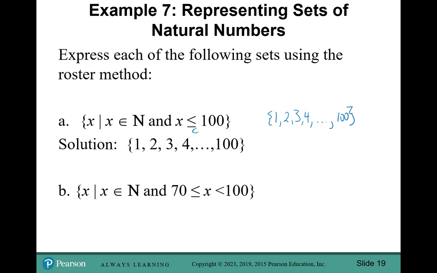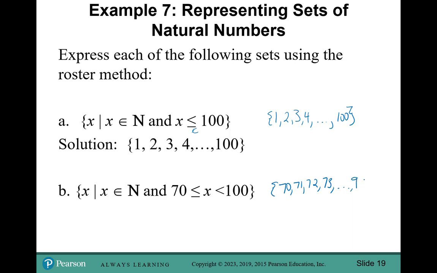If I look at B, x such that x is an element of the natural numbers, and 70 is less than or equal to x is less than 100. What this tells me is that the smallest element of my set here is 70. I count up because I'm using the natural numbers here all the way until I get to the number that's actually before 100, which is 99, because we're not equal to 100 here.